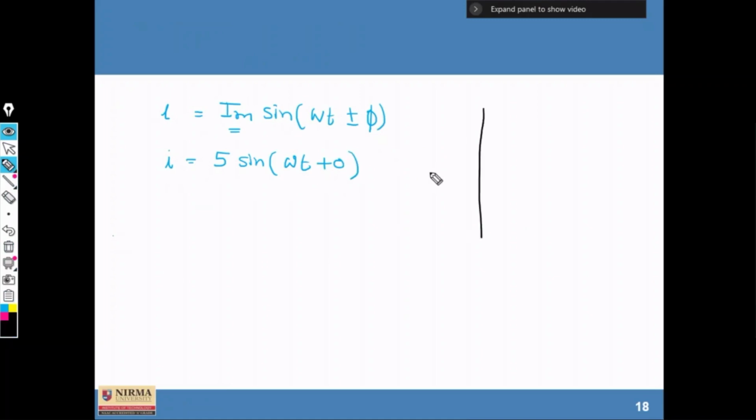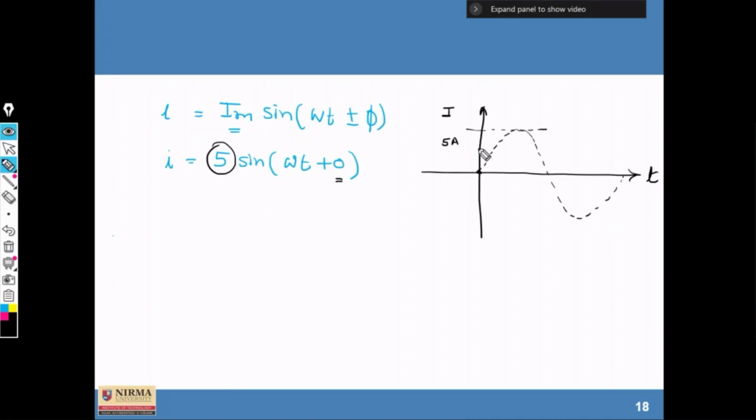So this is current with respect to time t. Amplitude here, Im maximum, is 5, so I can plot maximum 5 ampere. Now it makes an angle 0, so it will start from here, and the graph will be like this.